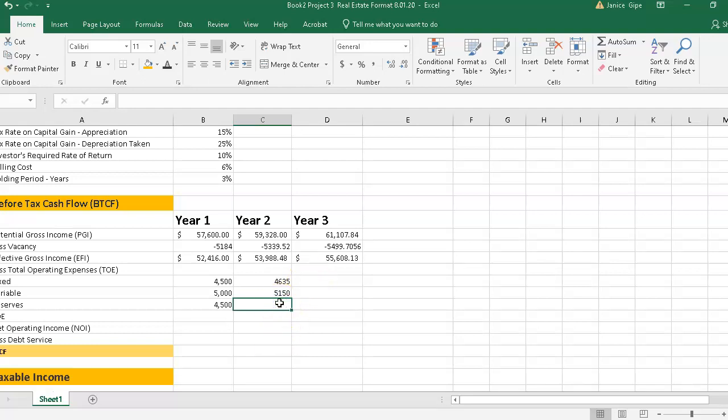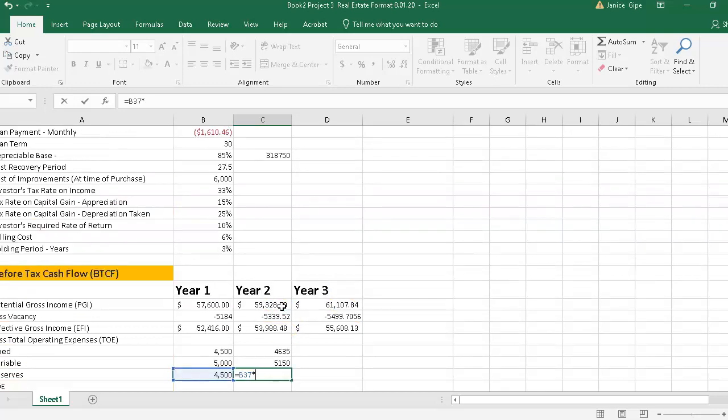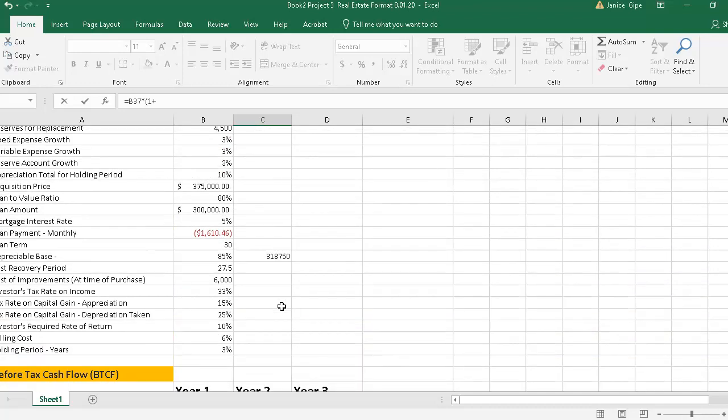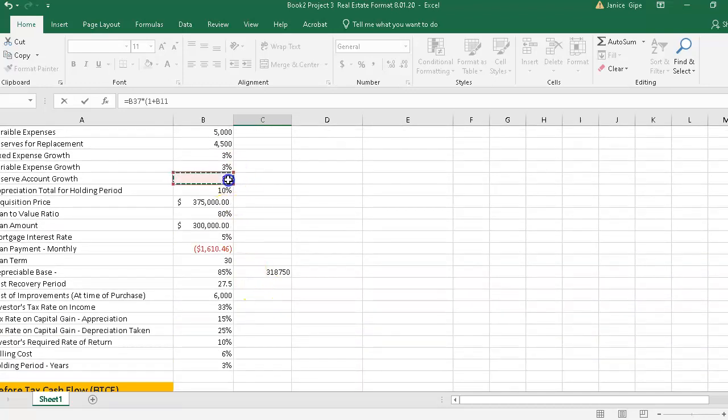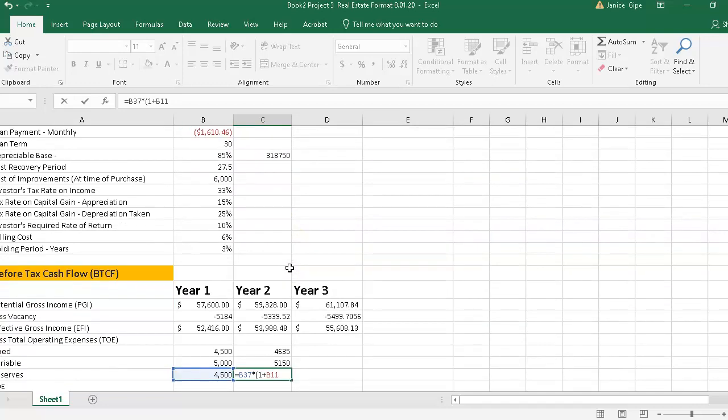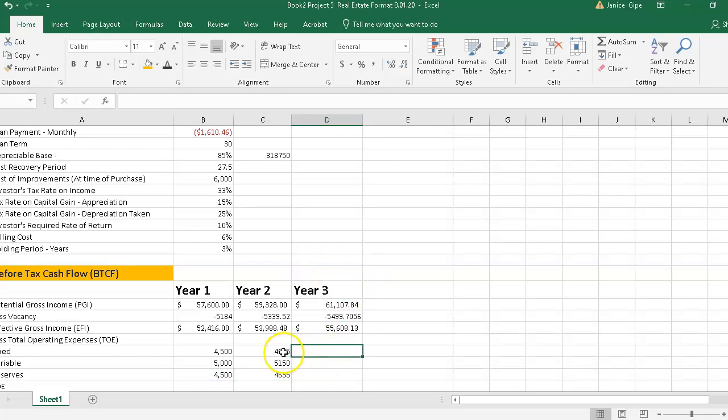And we'll do the same thing with this amount, because our reserve amount, multiply it times 1 plus the reserve account growth. Then we'll do the same thing again. That will increase by 3% again for the following year.